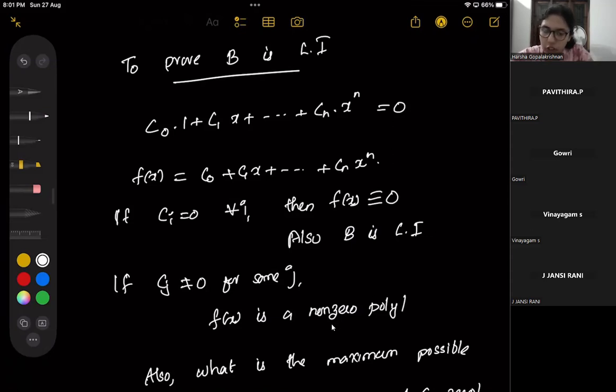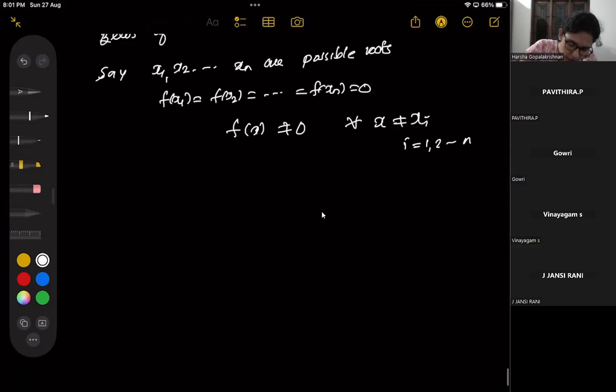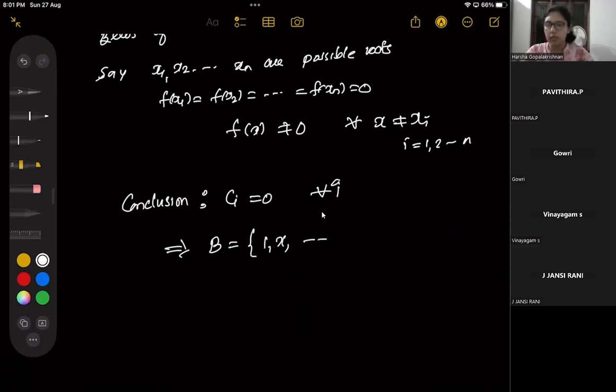A non-zero polynomial is equal to 0 for only finitely many values of x, but we need it to be 0 for all values of x. So the only possibility is that Ci equals 0 for all i. Our conclusion: the set B, 1, x, etc., x to the power n, is linearly independent.